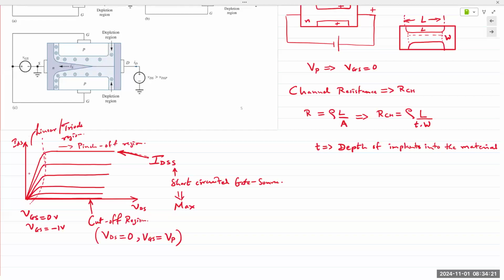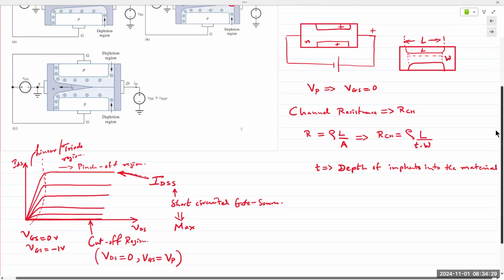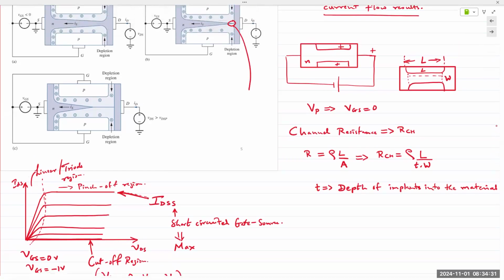The point where VDS first pinches off the channel, right here, that voltage is referred to as VDSP, VDS pinch-off.